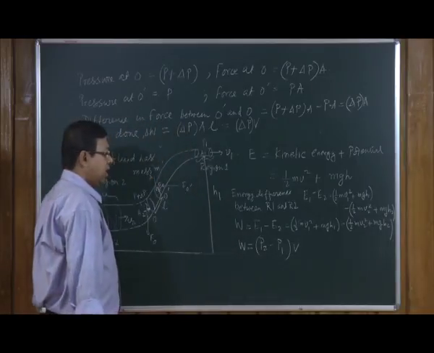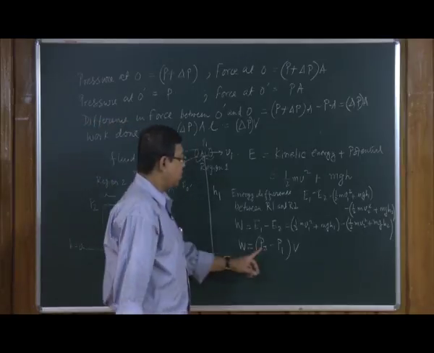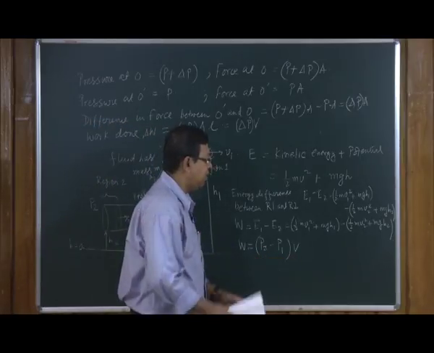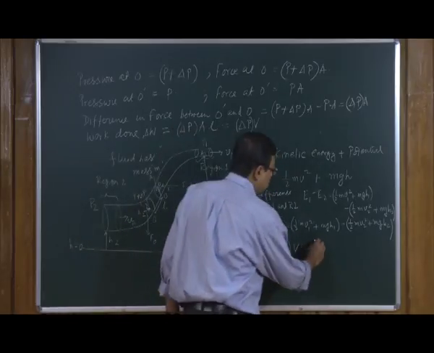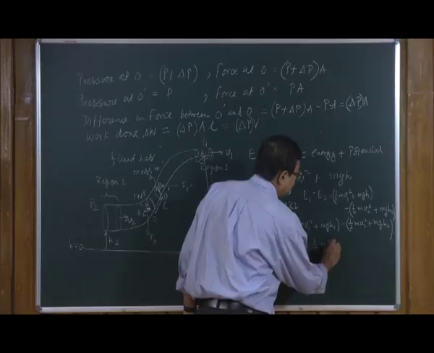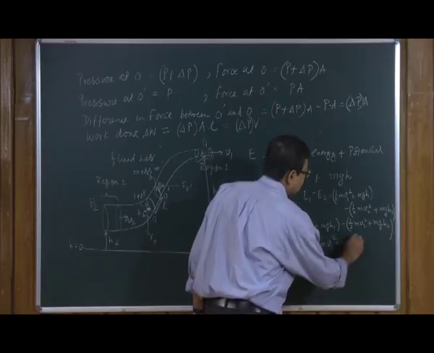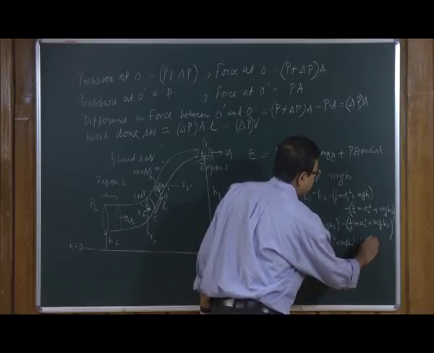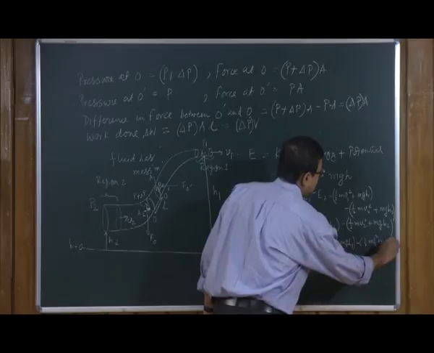P2 is at a larger pressure because the liquid is flowing upstream. So, P2 minus P1 multiplied by V should be equal to E1 minus E2, which is equal to half m V1 square plus mg H1 minus half m V2 square plus mg H2.